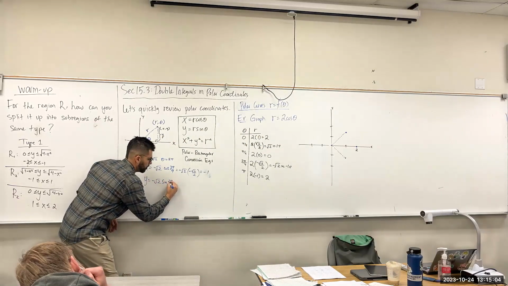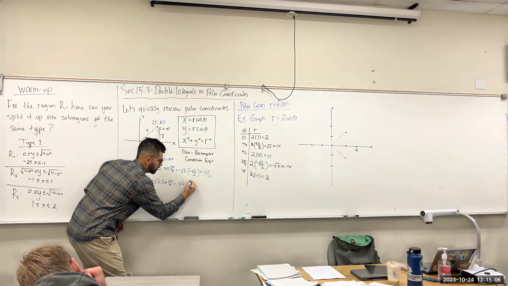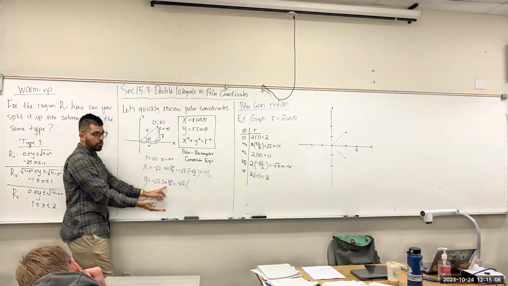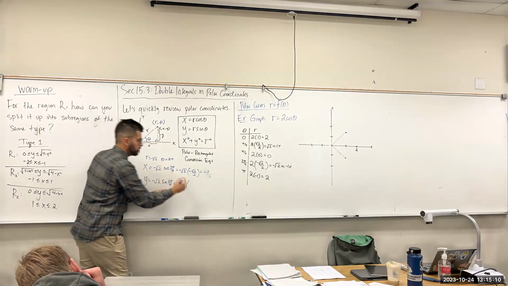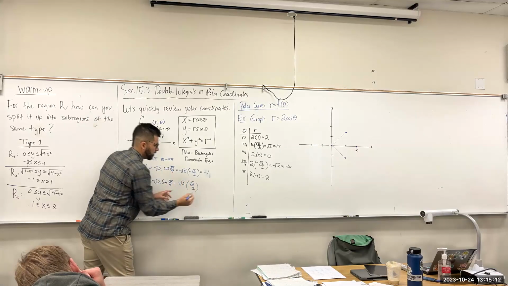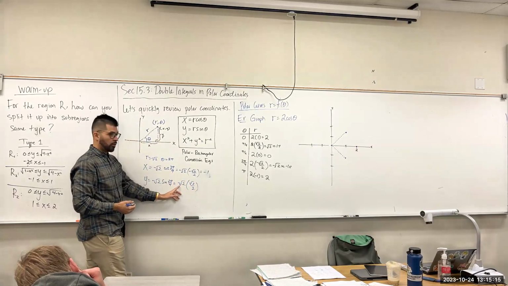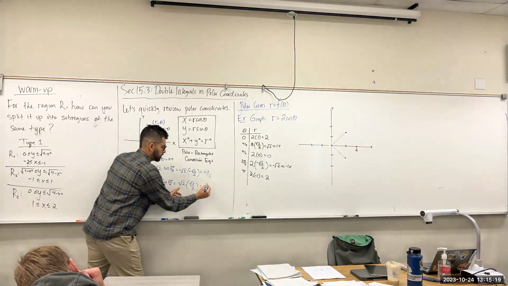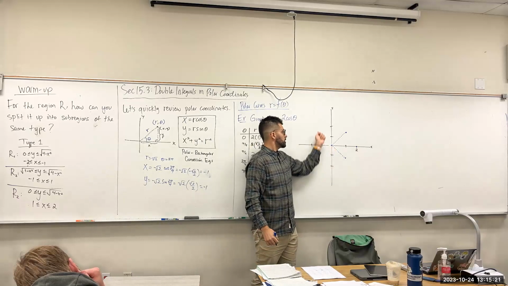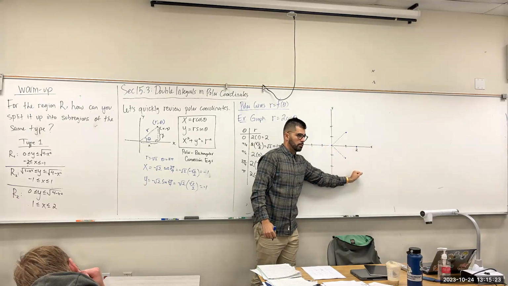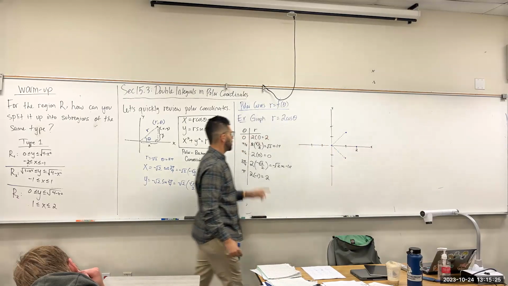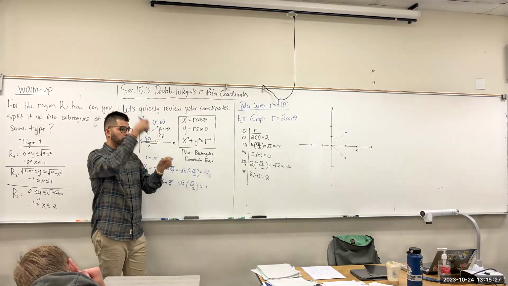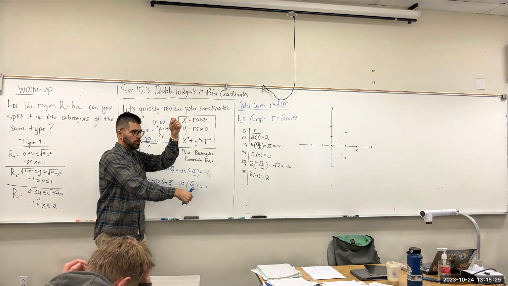Sine of 3 pi over 4 is positive root 2 over 2. So instead of sine being a positive coordinate, since r is negative, it flipped the sign of it. So now instead of being a positive y coordinate, it swapped it. And so when r is negative, wherever the point is supposed to be for the angle, it swaps the coordinates. It flips it.